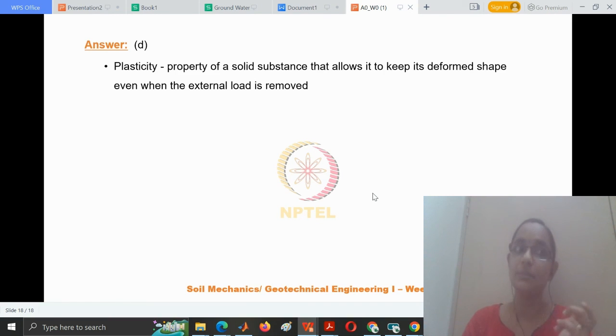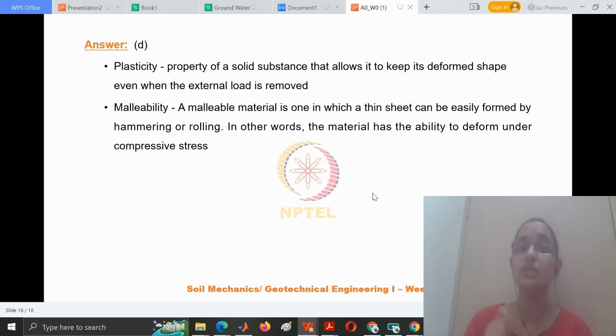So plasticity is the property of a solid substance that allows it to keep its deformed shape even when the external load has been removed. Now what is malleability? It is the property by virtue of which the material can be made into thin sheets, either by hammering or rolling.